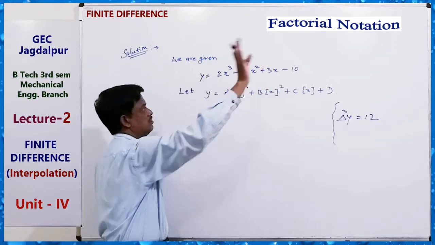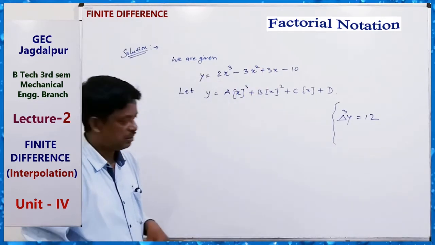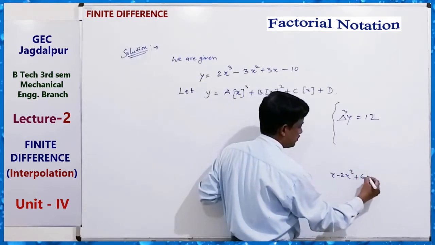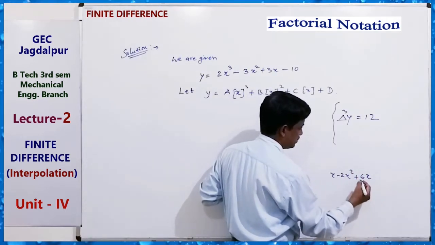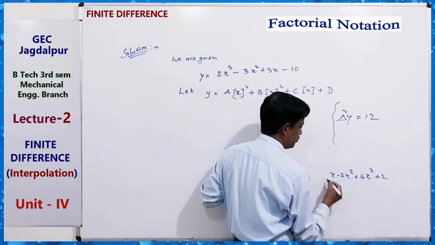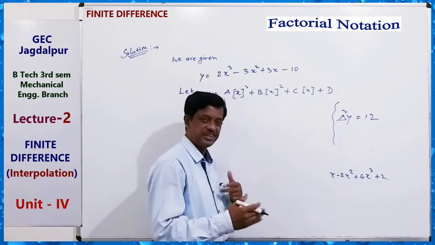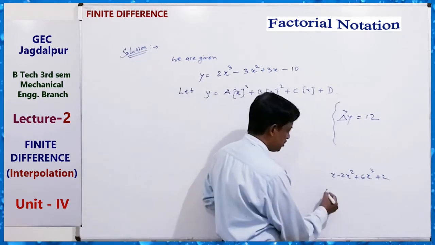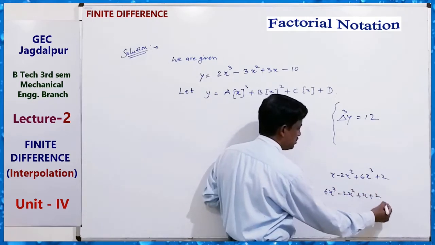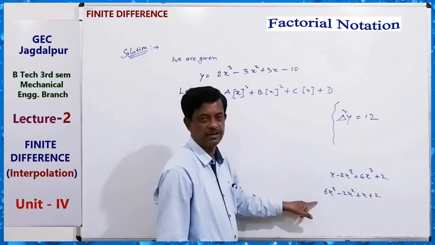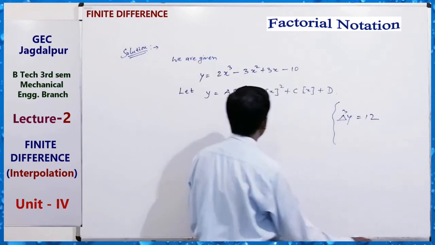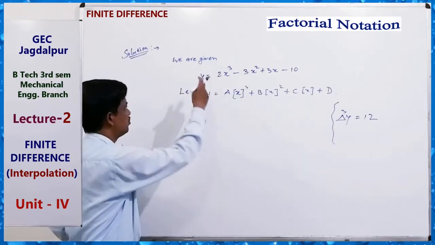For example, a polynomial like x minus 2x square plus 6x cube plus 2 is written in descending order as 6x cube minus 2x square plus x plus 2. Write it in descending order and then take the coefficients.